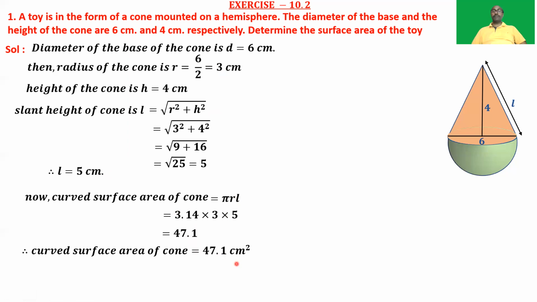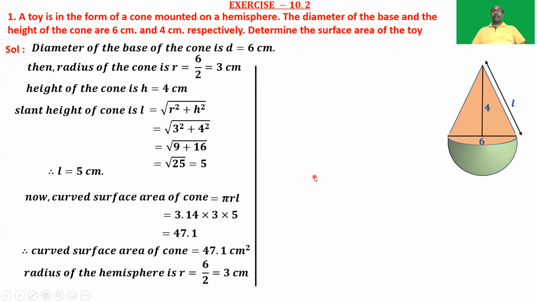And after that, we have to find the curved surface area of the hemisphere. So here the radius of the hemisphere is 3 centimeters, and its curved surface area, we know that, is 2 pi r square.